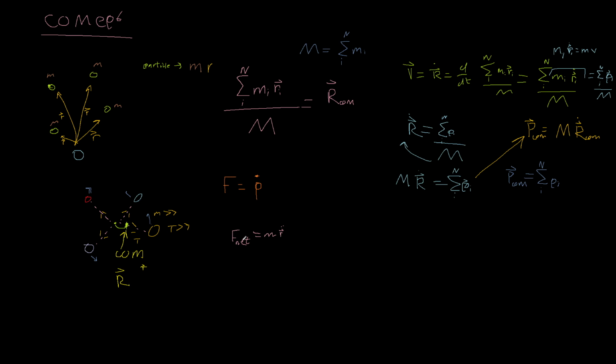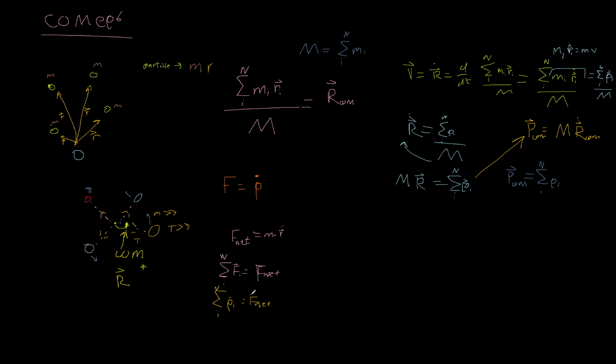If we do this for all of our particles, this is going to be the sum of all of the forces on our particles. So the sum of all the forces on particle i is equal to F net. Well, this is the same as saying the sum over i of the change in all this momentum is equal to F net.